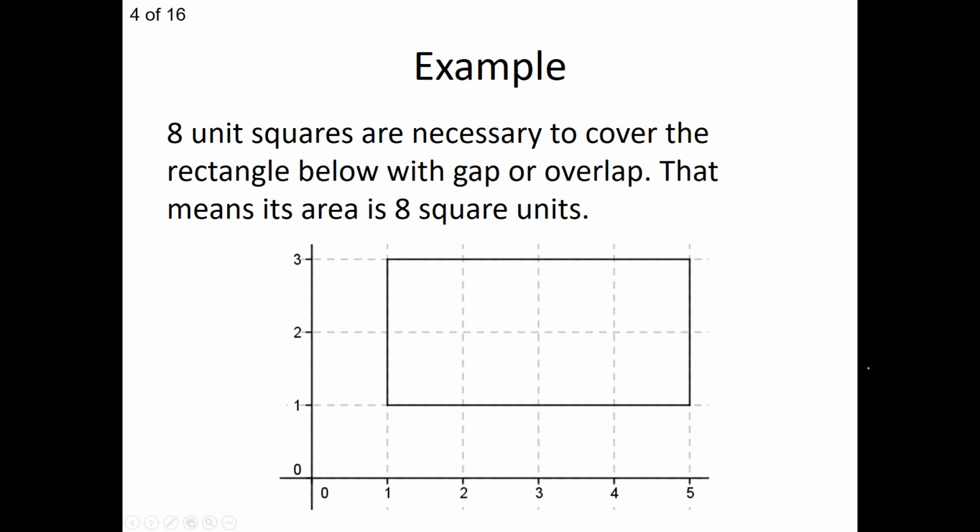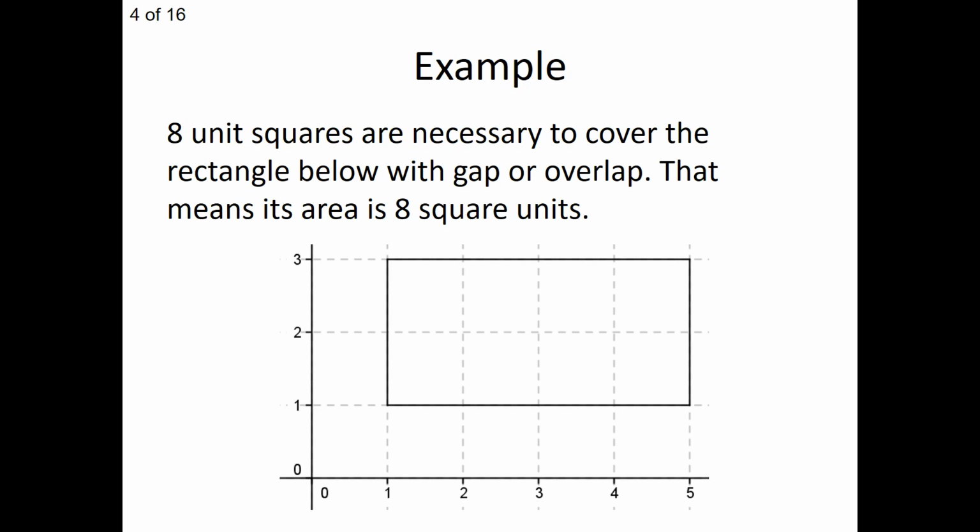Let's take a look at an example of a figure where we can actually count the number of unit squares that we can chop that figure up into. Let's say we've got this grid already placed for us where each of the squares we see is a unit square. I have the two axes labeled, and going from the center, or the origin, of these axes along each of the grid lines, we find our unit squares.